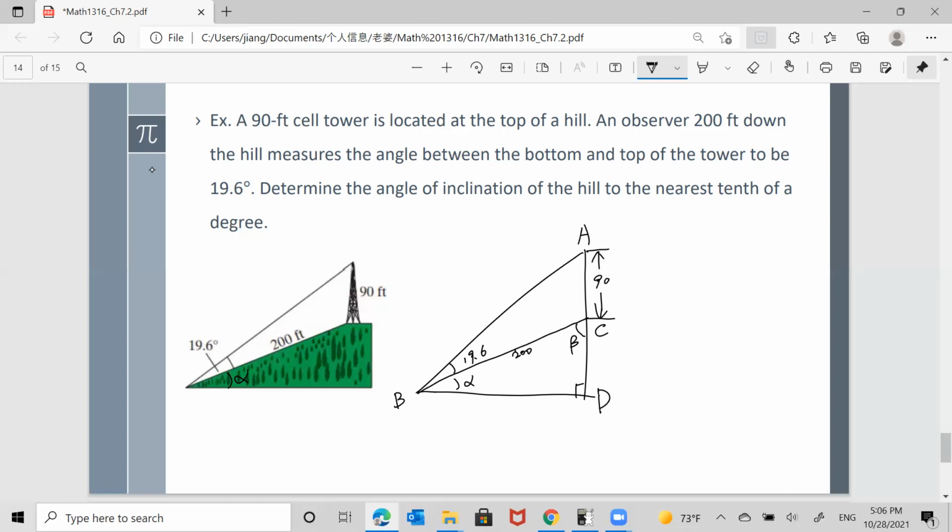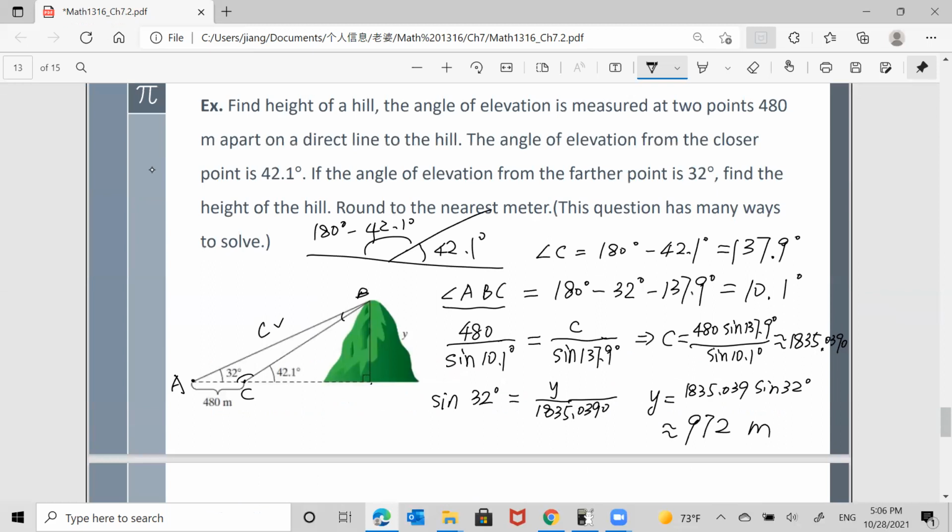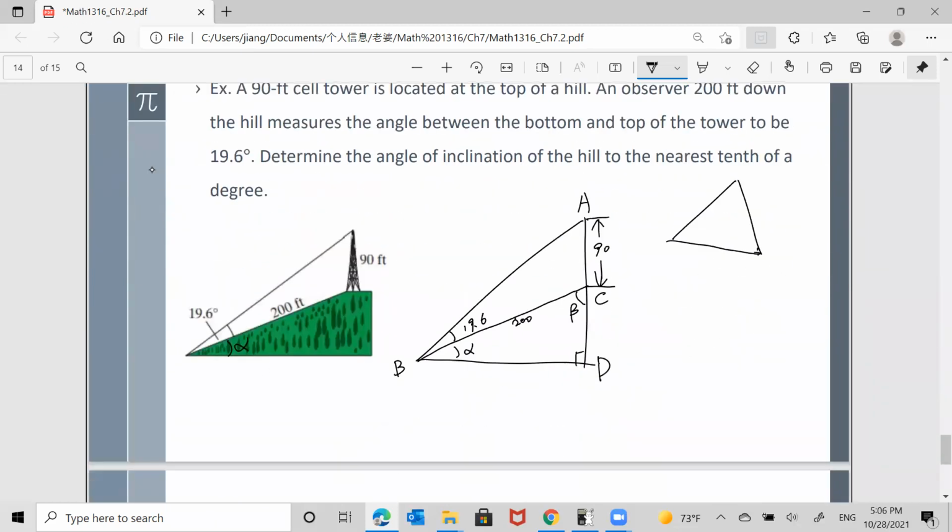Because in high school, if we have any kind of triangle and we extend one side, I don't care which side, the angle here equals the sum of these two angles.